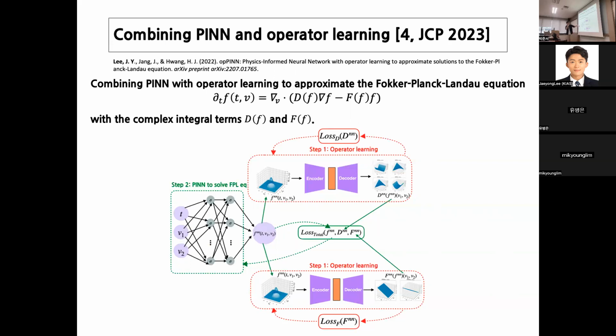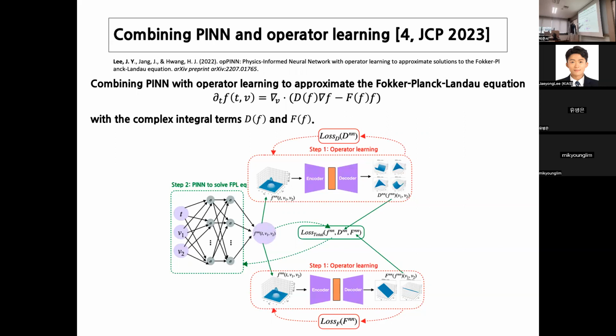But it takes a large amount of time to approximate this, and the right-hand term is also in the loss function. Then we have to calculate this complex collision term to make a residual loss to use PINN. So in this work, we want to approximate the operator first, in step 1.